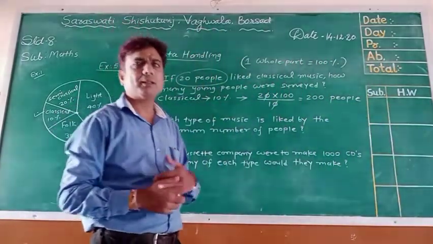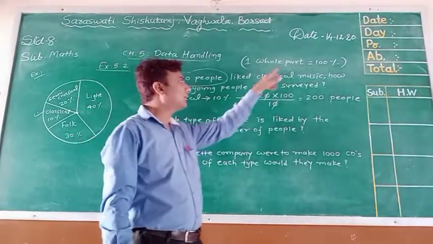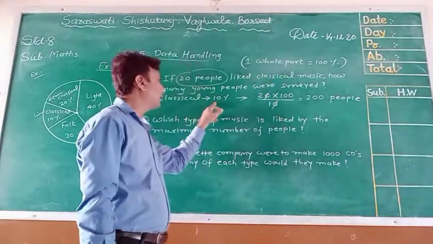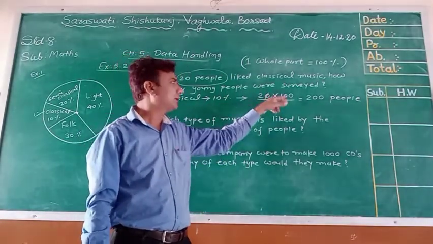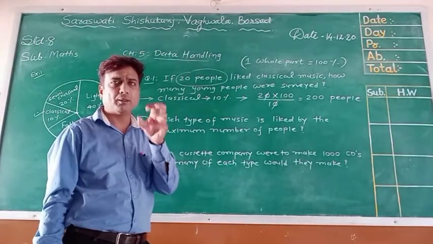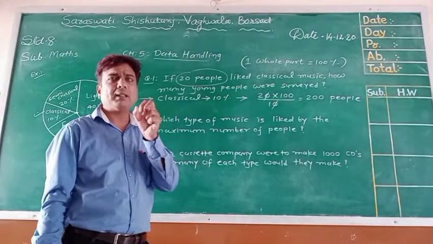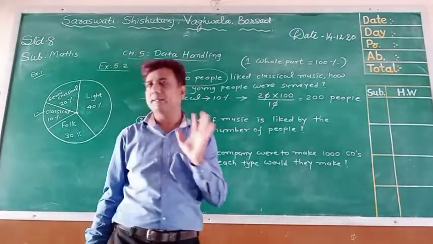But here, 20 multiplied by 100 upon survey percent 10, the zeros cancel. That means 200 people were surveyed, and from those 200 people, 20 like classical music. We can say that is 10%.